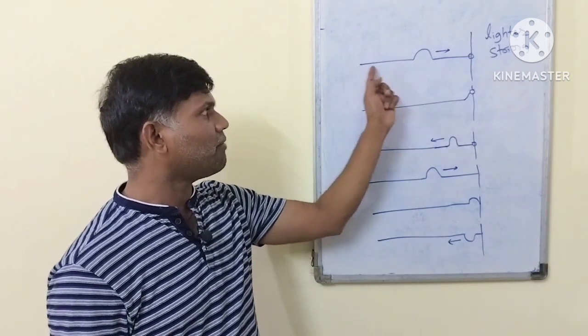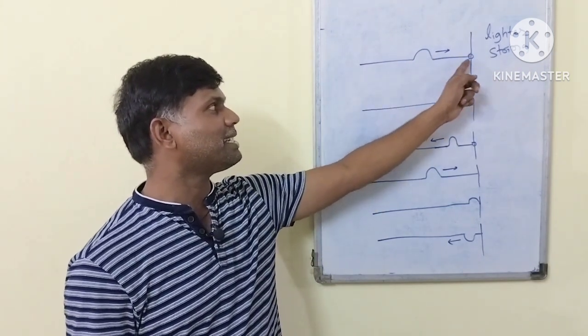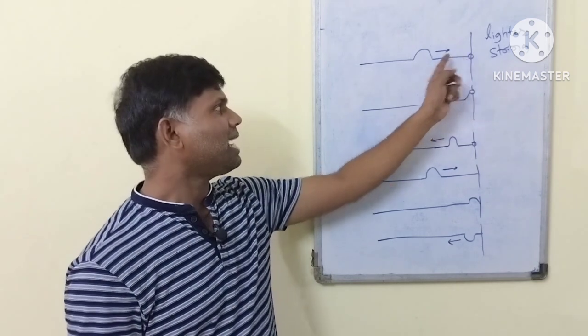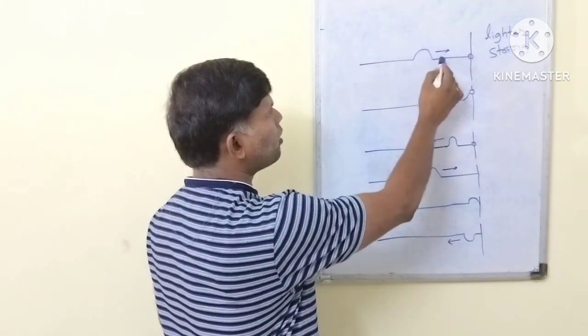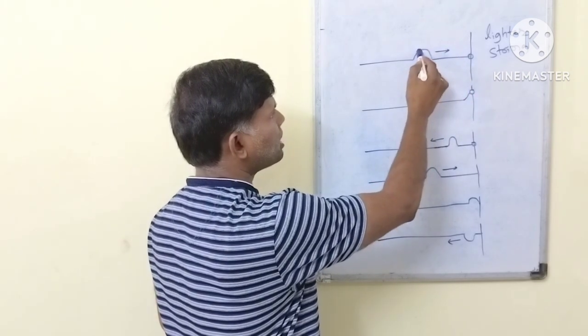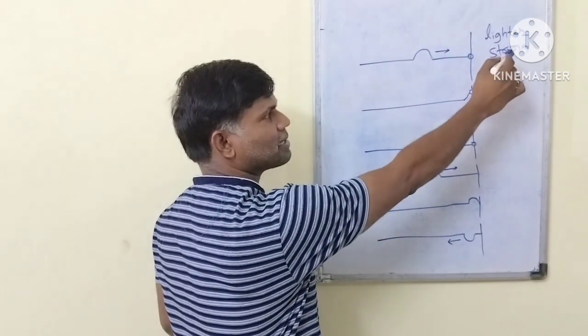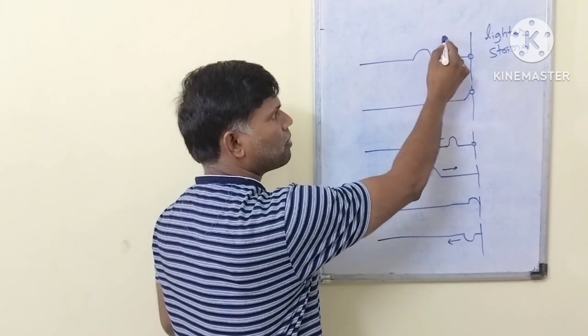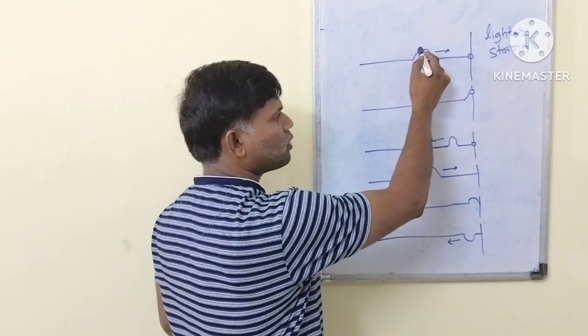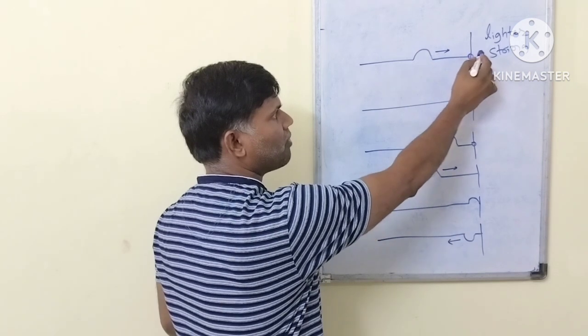When the pulse travels like this, the front portion goes up and the back portion comes down, that's why it moves like this.